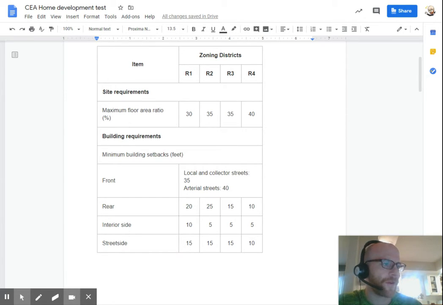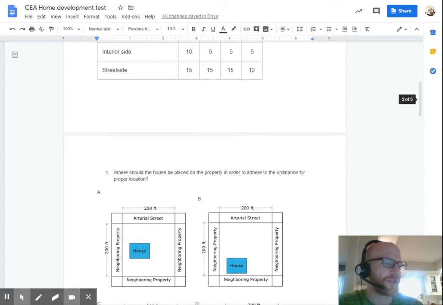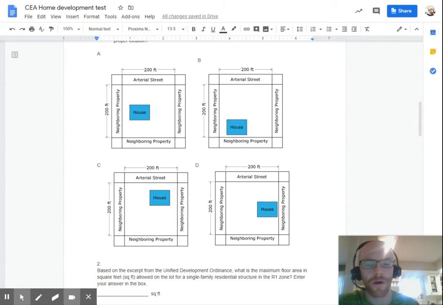The front is the front of the house in this case, and it's also the arterial streets. So this arterial street right here, these 4 are your options.